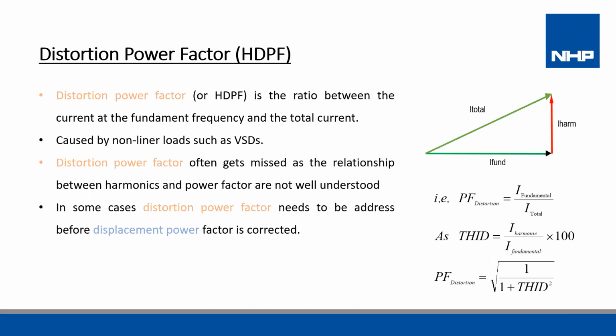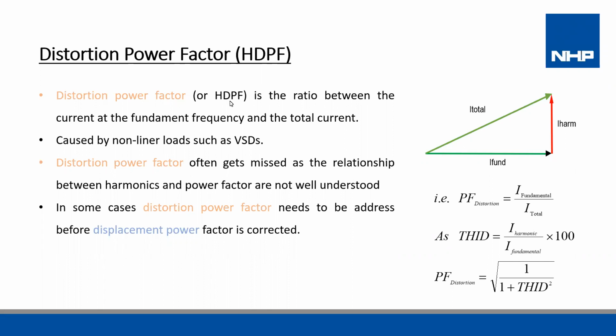So what happens when some of the current within a system is not at the fundamental frequency? Well, when harmonics are present caused by nonlinear loads, such as VSDs, this will impact the distortion power factor. Distortion power factor is caused by the presence of harmonics in the current waveform.